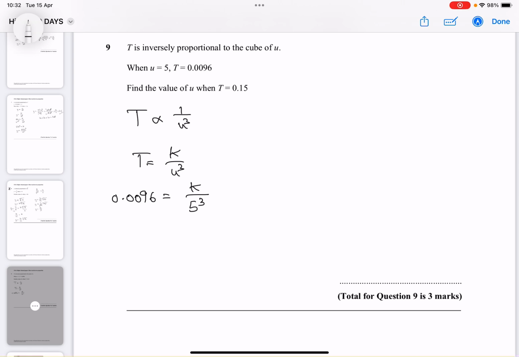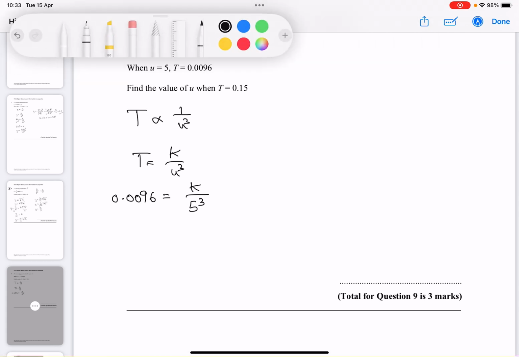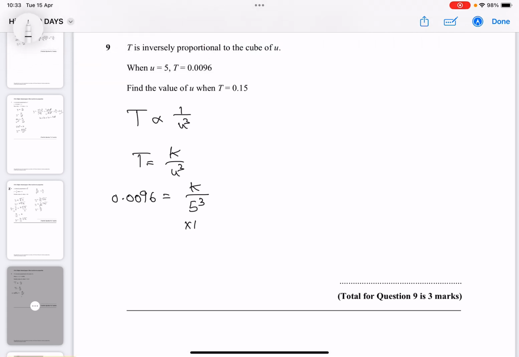I do know that 5 cubed is 125, or I could just times by 5 cubed. And so what I've got here is 0.0096 times by 125 or 5 cubed, which gives me 6 over 5 or 1.2.